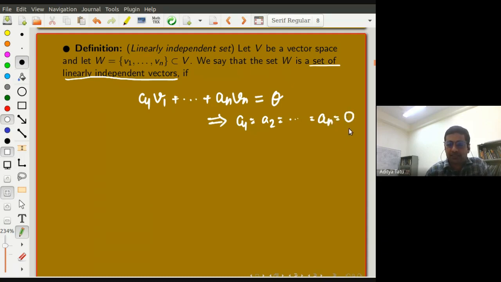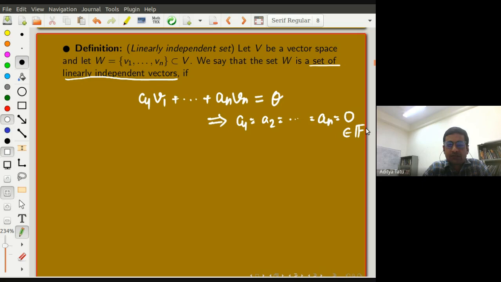This 0 is in the field. The definition is just analogous to the definition of linearly independent set of vectors in Rn. The only change is, of course, instead of writing the additive identity as 0, we'll write it as theta. And all the scalars have to be the 0 scalar. That's the only difference.